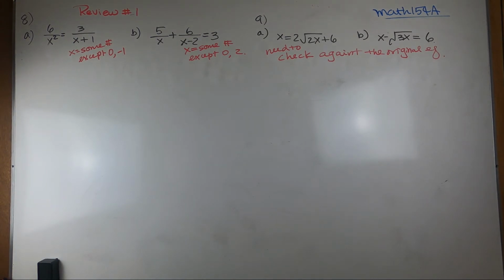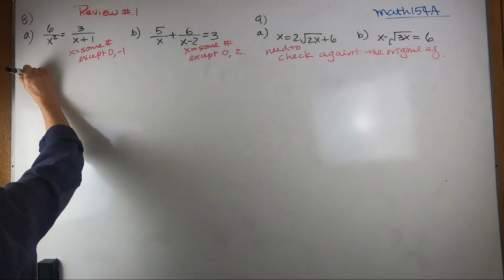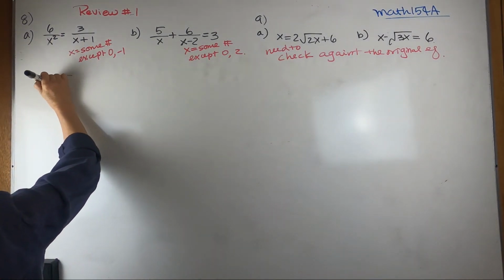All right. So remember how do we solve the rational equations? We have to make an LCD, right? Then we can get rid of fractions to do it like a regular linear equation or quadratic equation. Between x squared and x plus 1, what do you have?